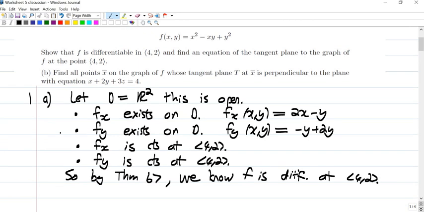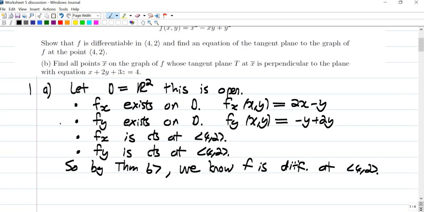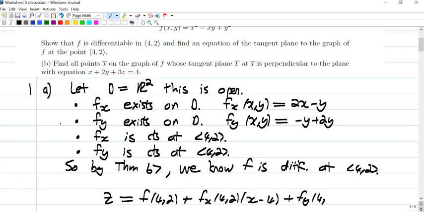All right. Now that we know that f is differentiable at the point (4, 2), we can find the equation of the tangent plane. And as we saw in the textbook, there's a neat little formula for the equation of the tangent plane. So the formula is z is equal to f at the point plus f partial x at the point times (x minus 4) plus f partial y at the point times (y minus 2).